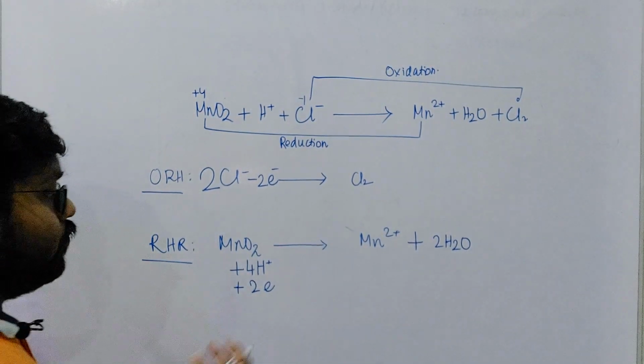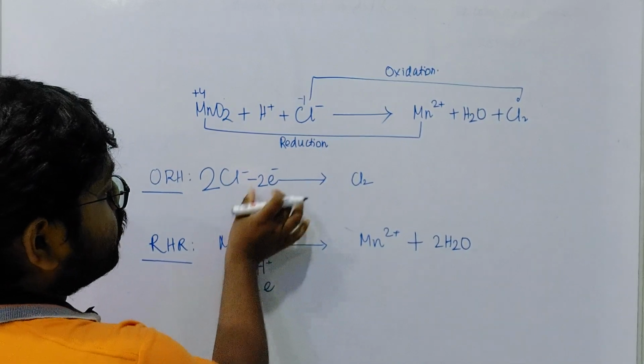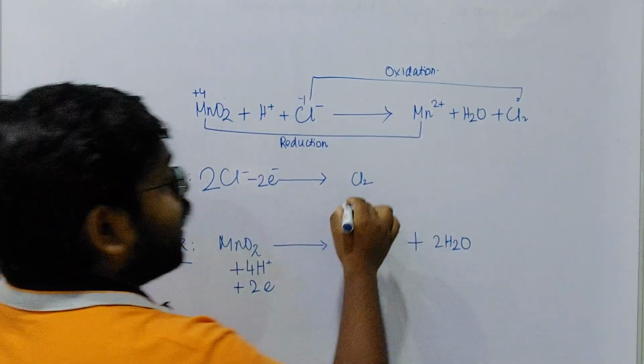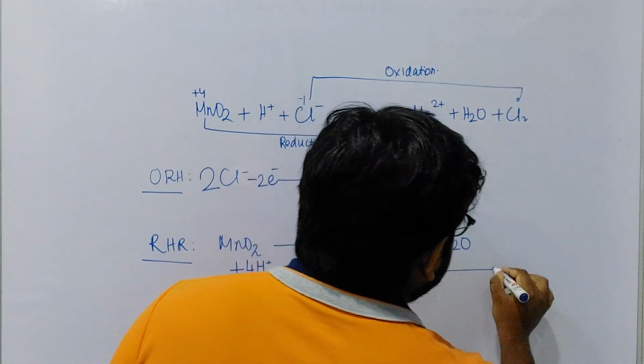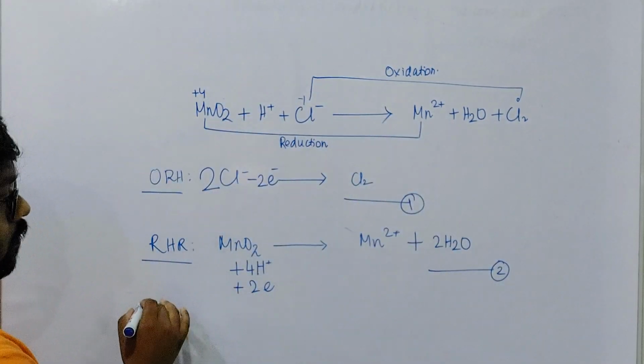Now do we need to do anything else? 2 electrons and 2 electrons, so just add these two equations. This is equation number 1, this is equation number 2.